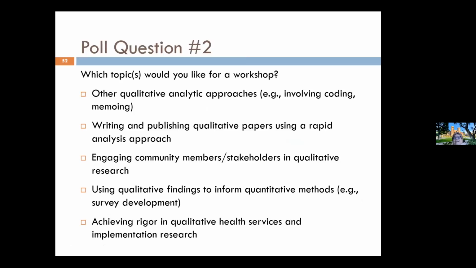These are just some topics that I've been thinking about teaching, the kinds of things that I would like to do. So we wanted to get some sense of what you'd like to prioritize. I think I have my work cut out for me.